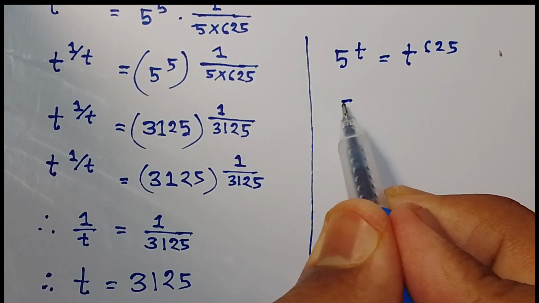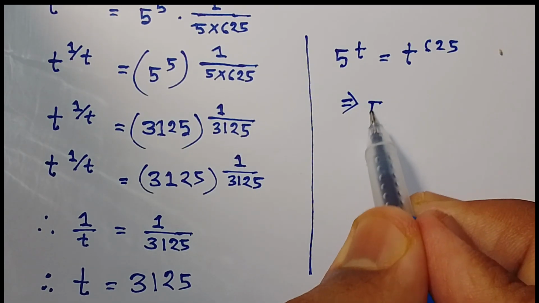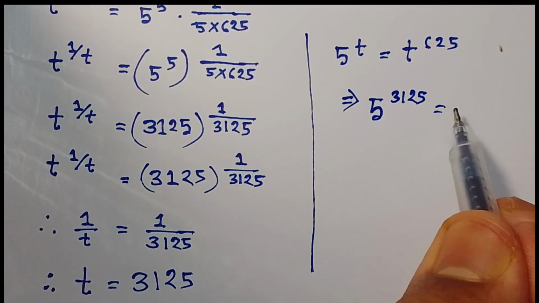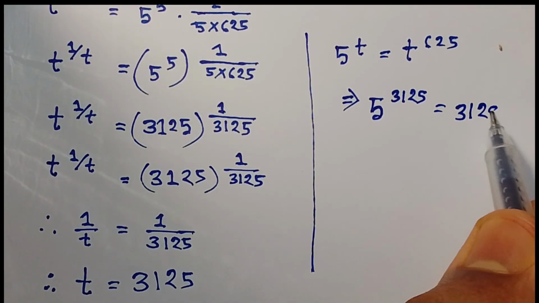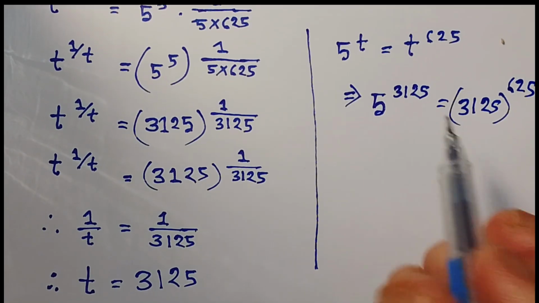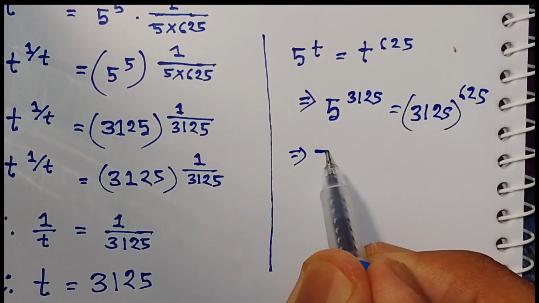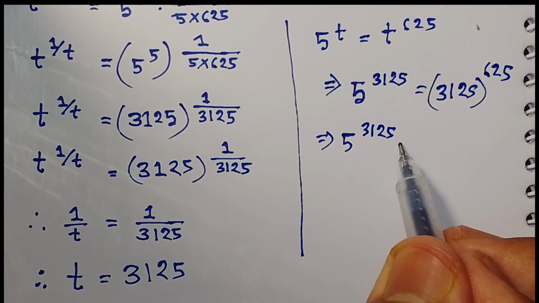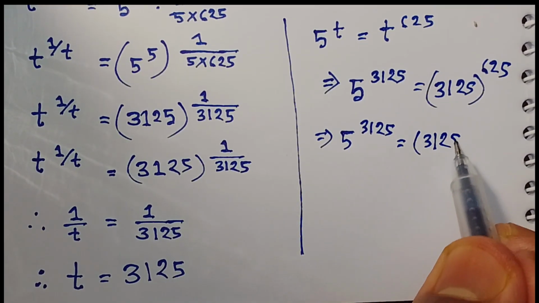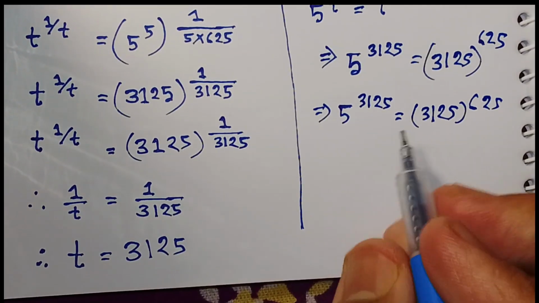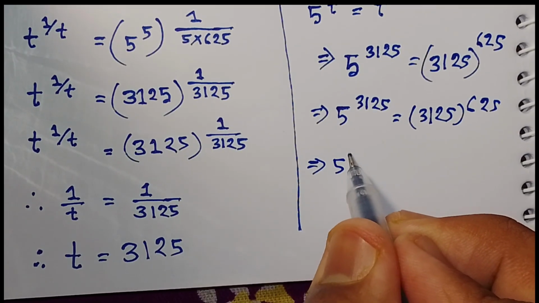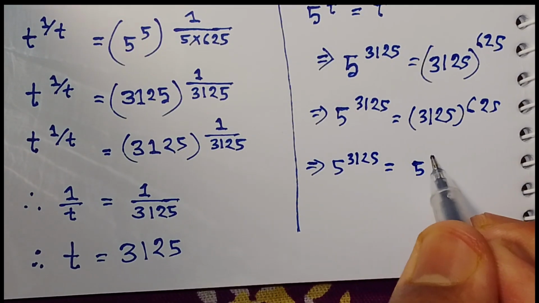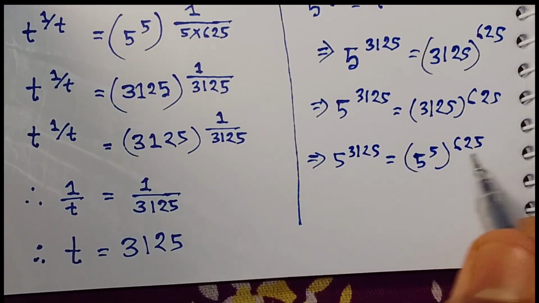So we replace this t's value with 3125. 5 to the power 3125 equals 3125 to the power 625. So 3125 equals 5 to the power 5, and (5^5)^625 equals 5 to the power 3125.